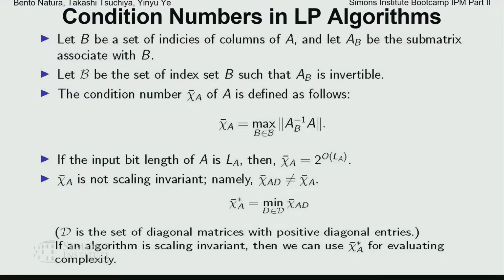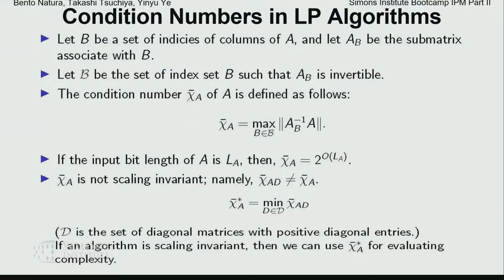The condition number kappa bar A is defined as the max over B such that A_B is invertible of the norm of A_B inverse A. This is just a matrix norm. You can think of the inverse of A_B over all possible choices. For example, if A is randomly generated, this number is bounded by n or something.